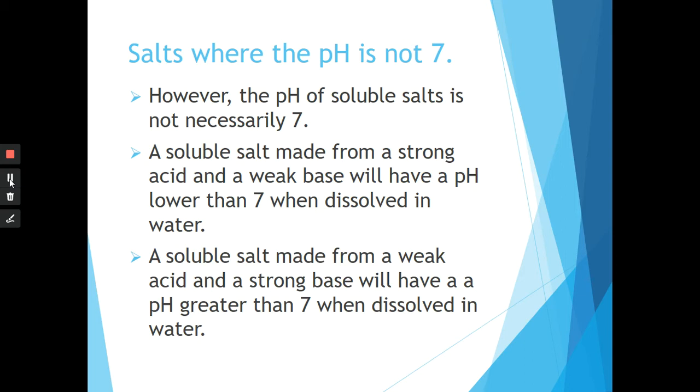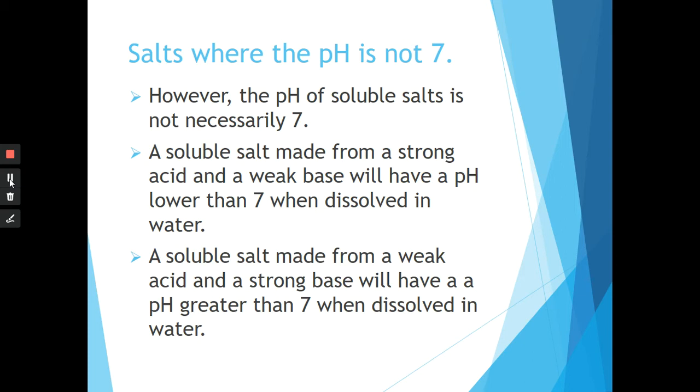So yes, as I've said, there will be an equilibrium, but when our hydroxide and hydrogen ions try to pair up, what we would find is there would not be enough hydroxide ions in the initial solution for all the hydrogen ions to combine with to form water. Therefore, we would still have an acidic solution and the pH would be lower than 7.